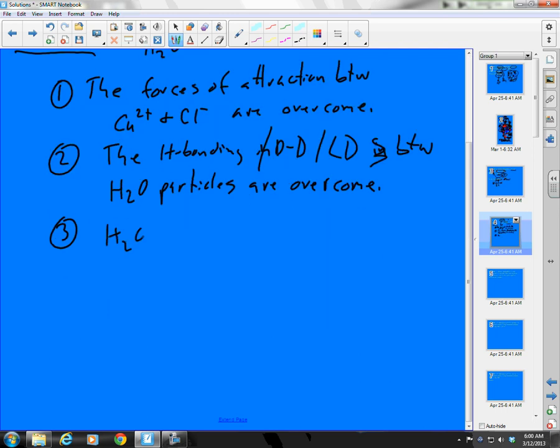And then three, my water particles, what is it going to be? Let's be more specific. The positive side of my H2O is attracted to Cl minus and surrounds them.